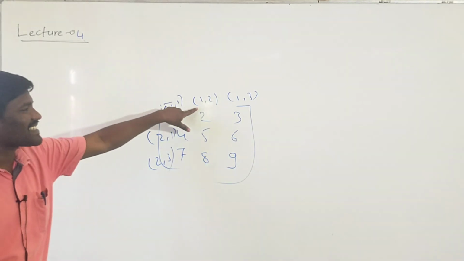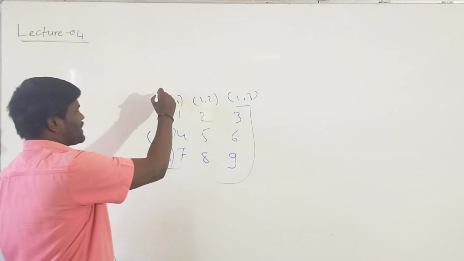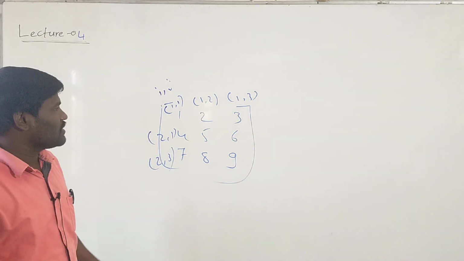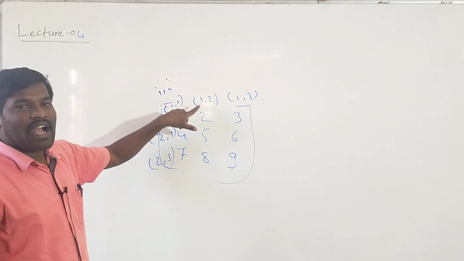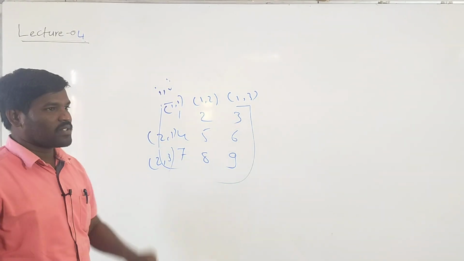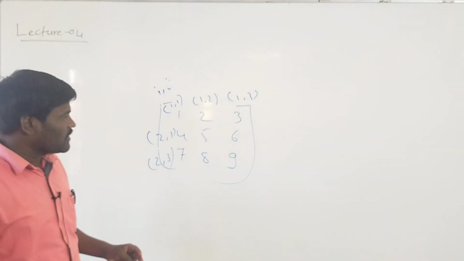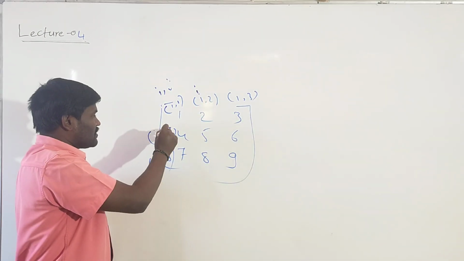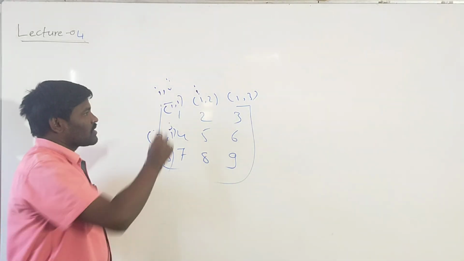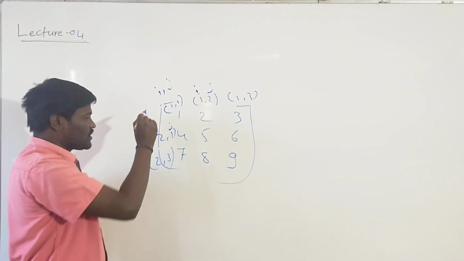Okay, so if you interchange, in general i comma j. See here, the first row i value is equal to the first column j value. It means that here i is 1, here j is 1, here j is 2, here i is 2.